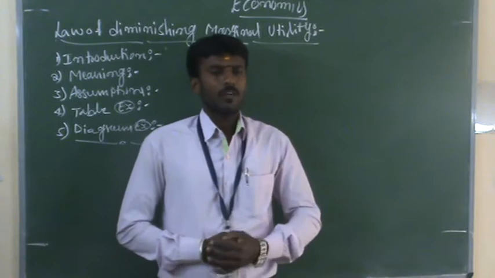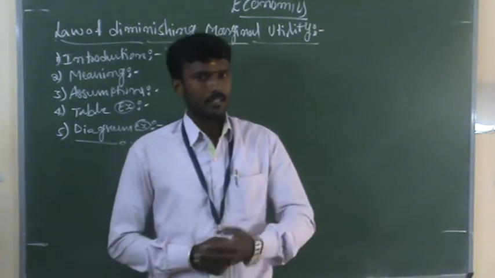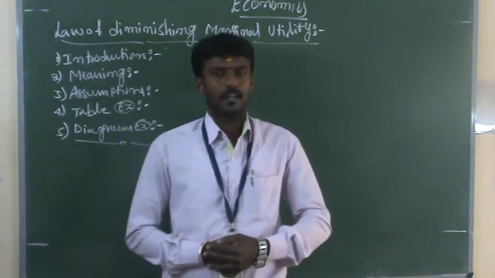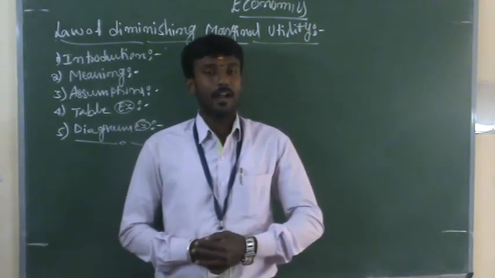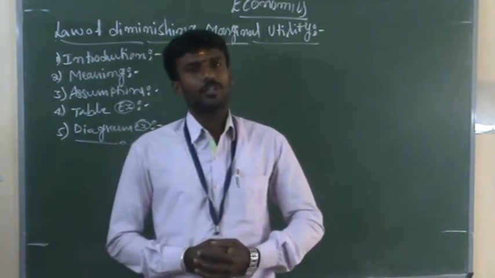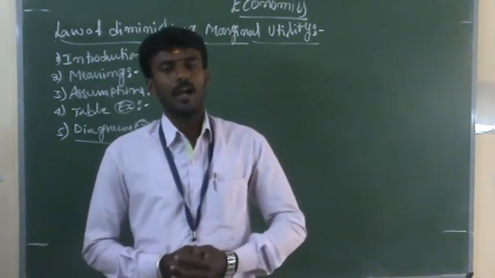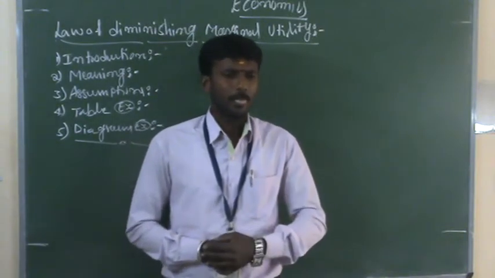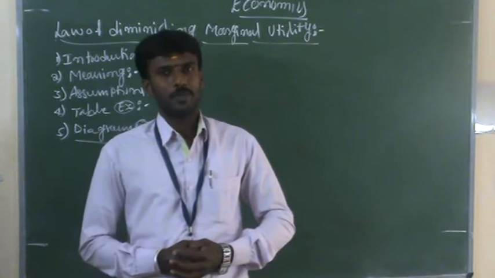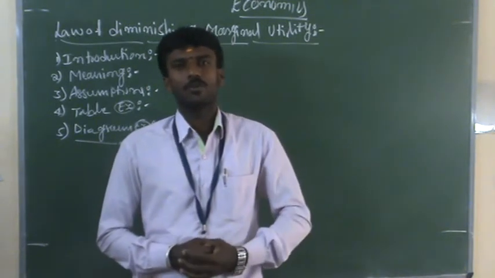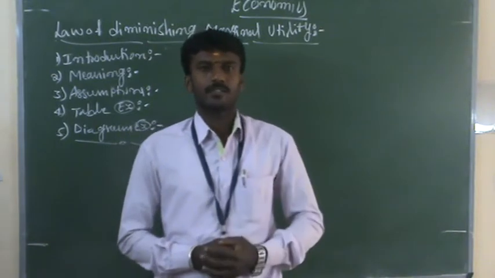Those questions we are giving through the assignment. What do you mean by cardinal utility analysis or approach? What do you mean by ordinal utility analysis or approach? What do you mean by TU, total utility? What do you mean by MU, marginal utility? And finally, what are the differences between cardinal utility analysis and ordinal utility analysis for 2 marks?